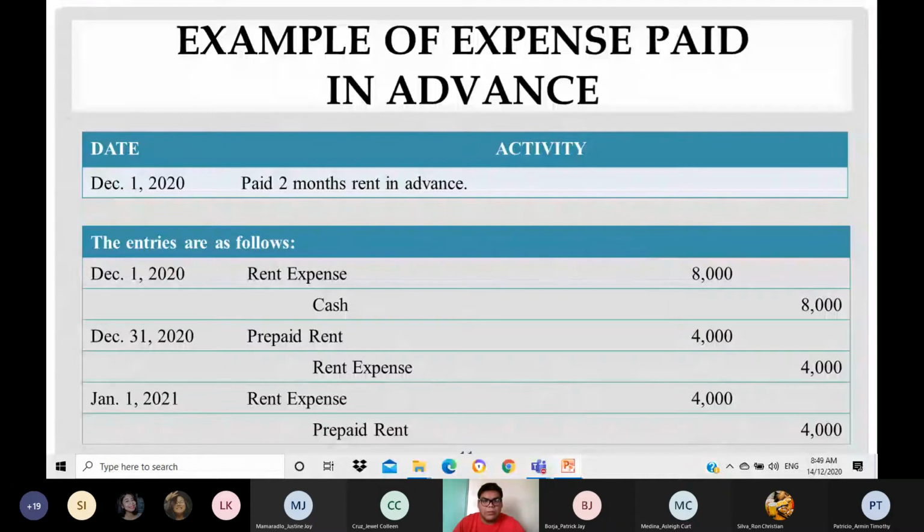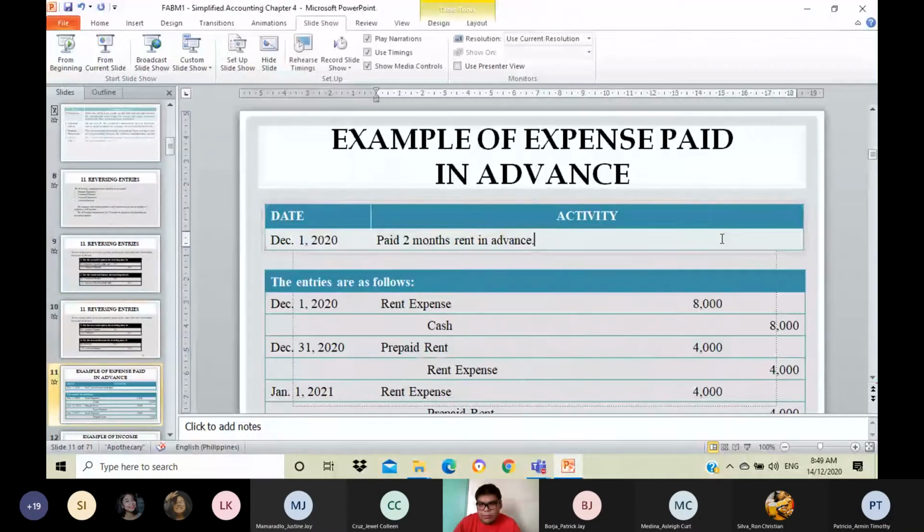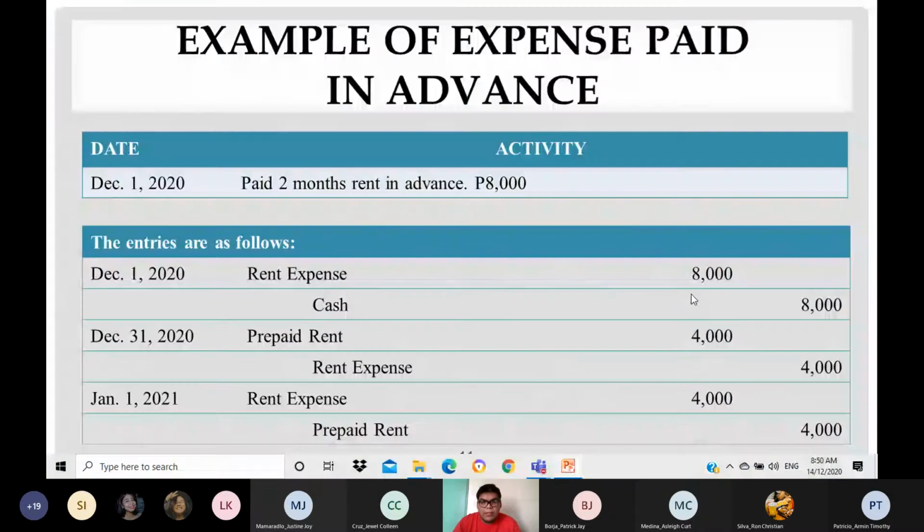Ito na yung pay, worth 8,000. So rent expense of 8,000. Naglabas ka ng cash, no? Nag-credit ka ng cash.